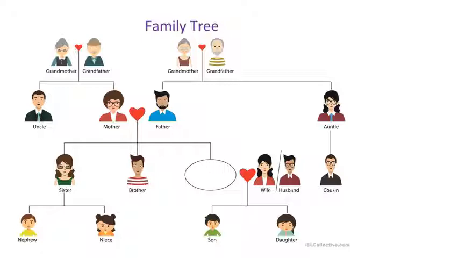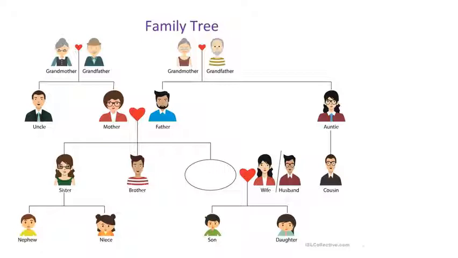Your sister's kids are called niece and nephew. Nephew is a boy, niece is a girl. It's a girl child. You call her your niece, and if it's a boy child, you call him your nephew. The sister's kids are called niece and nephew. Do not forget that. Your auntie's son is called a cousin.